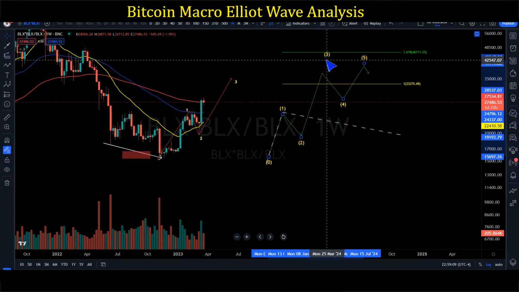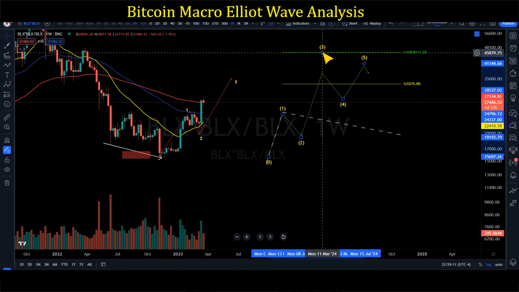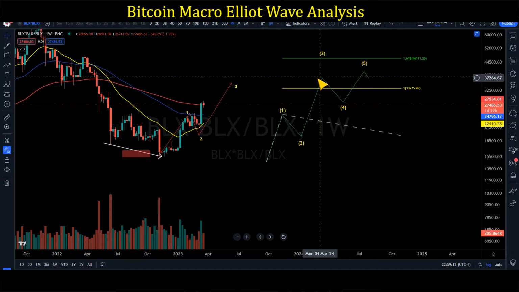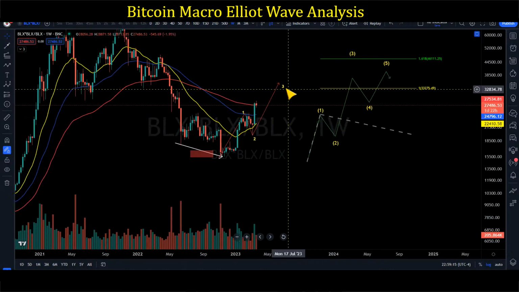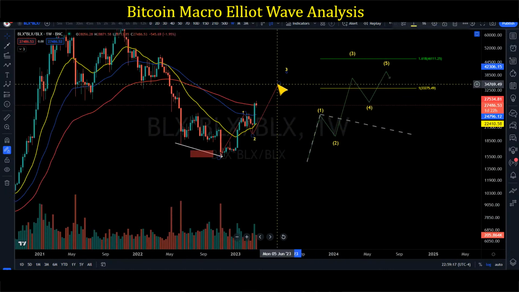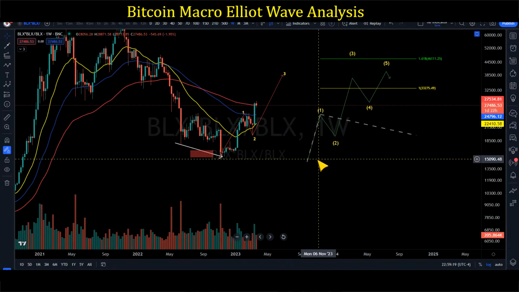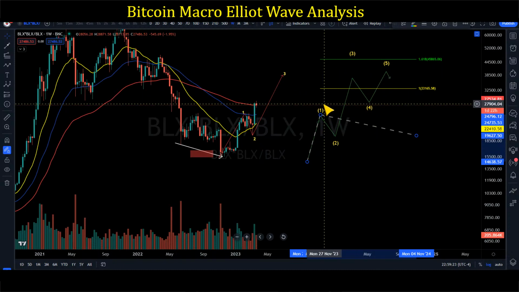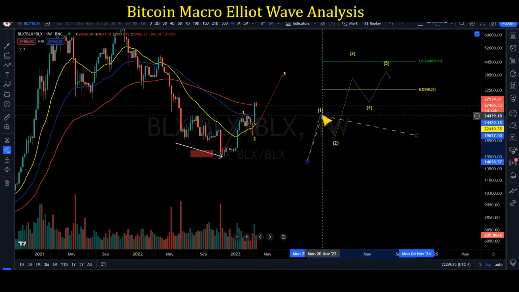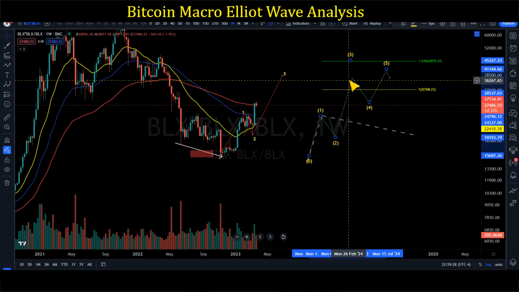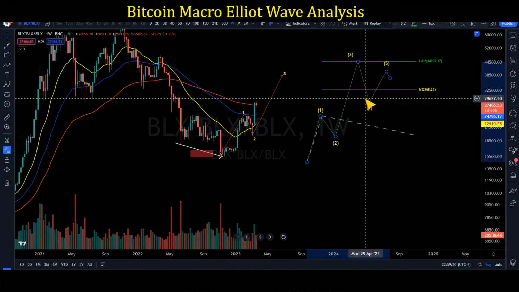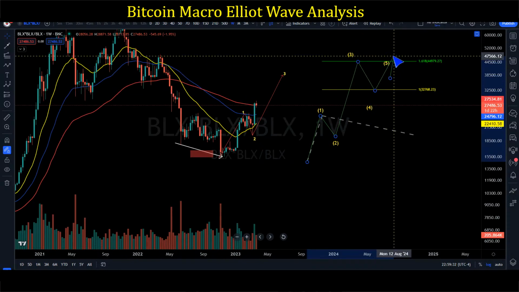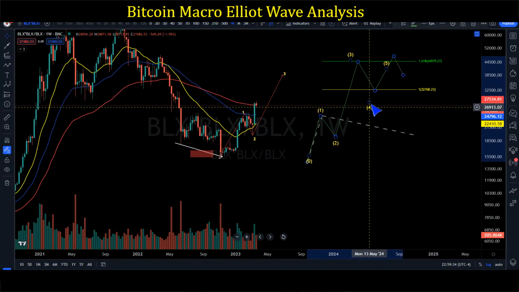The 1.618 extension is going to be all the way up to the mid 40s, depending on which exchange you're using. But let's say the low 40s to mid 40s. That's going to be our 1.618 extension to the upside, and after that we will basically focus on wave 4 to the downside.